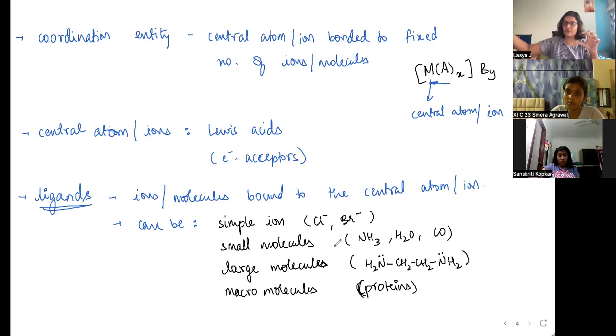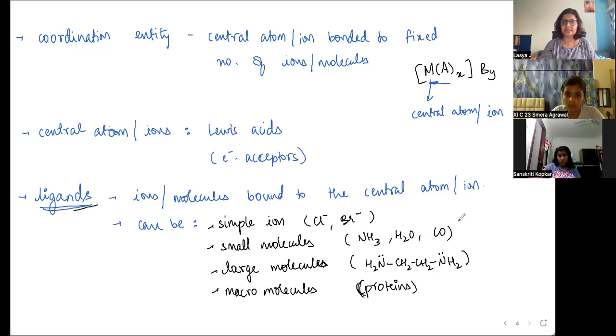As long as it is donating a pair of electrons, whether it is an anion or a neutral molecule, of whatever size, it will be a ligand.